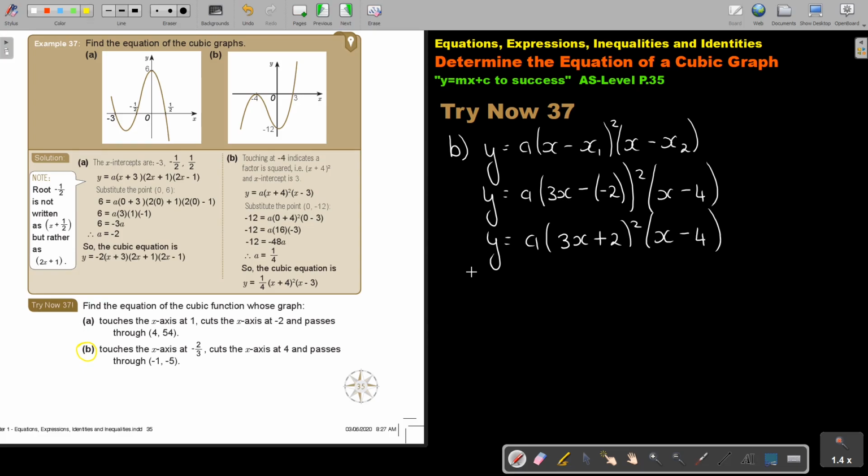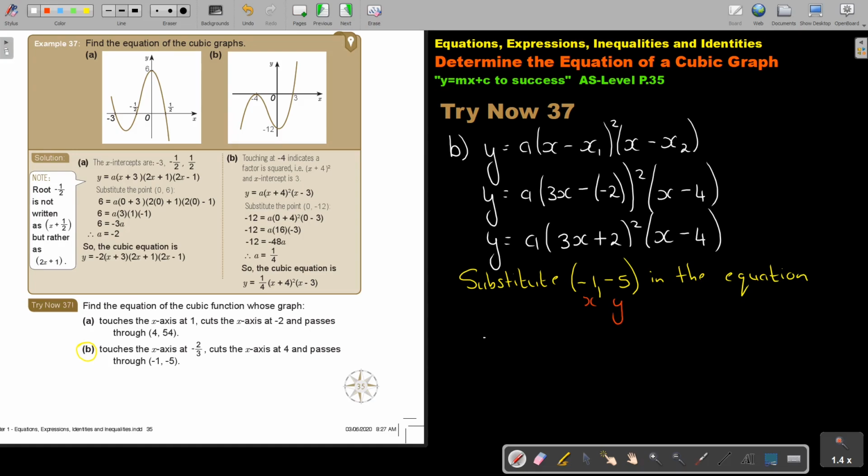Then substitute the point -1, -5 in the equation. Don't forget, this is x, this is y.